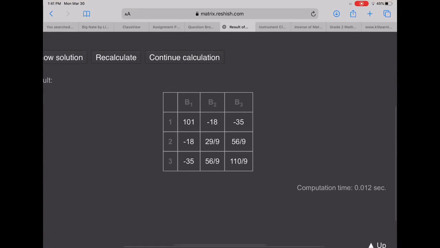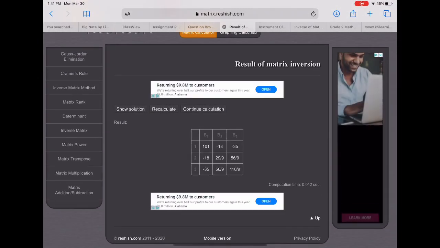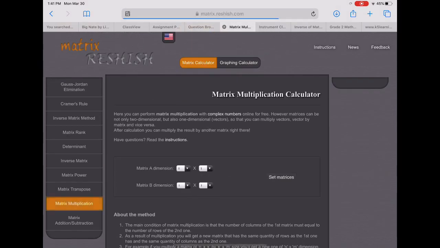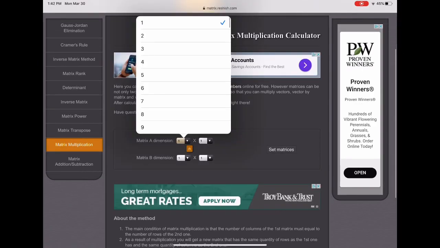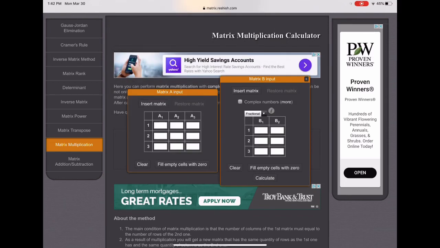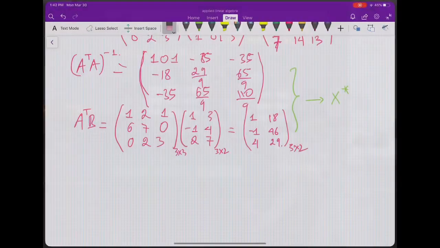So I already have the matrix right here. I want to multiply two matrices. So the first matrix is 3 by 3. The second is 3 by 2. I will set the matrix in here. And now we just copy our matrices.